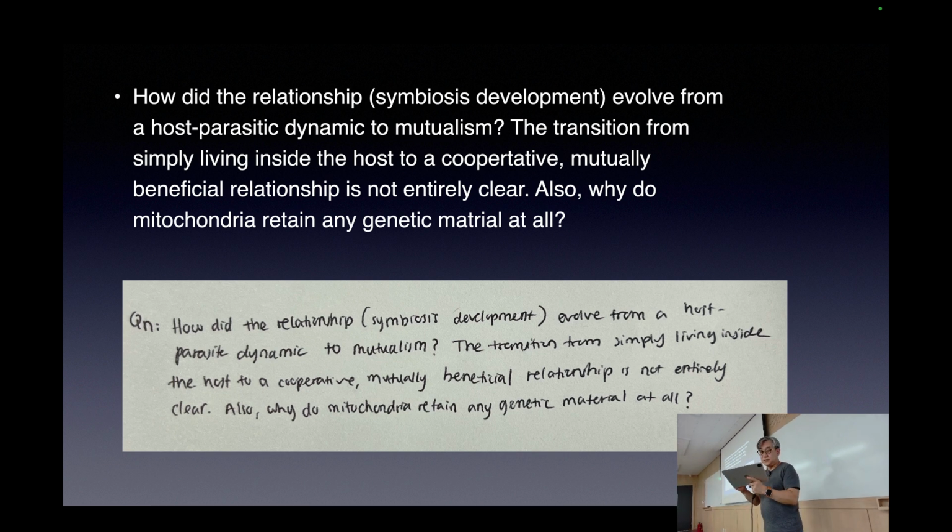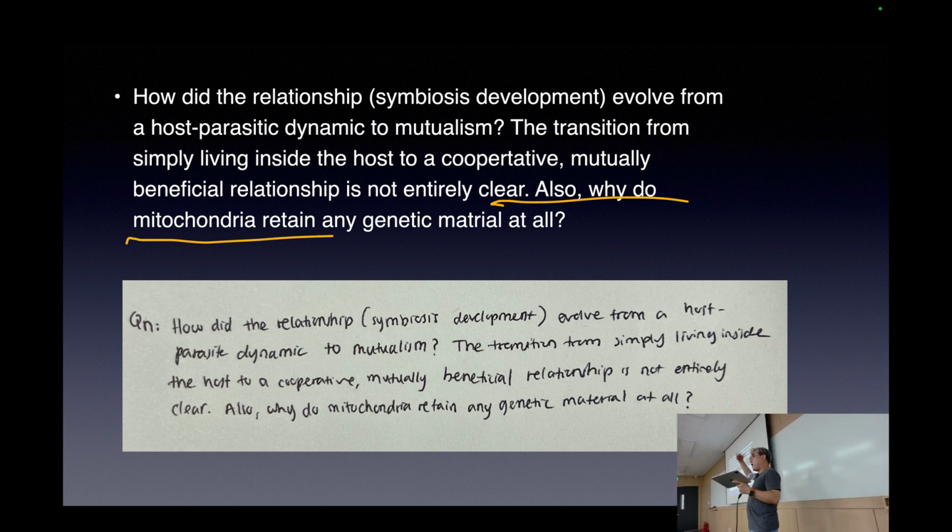The second question is, in the case of mitochondrial symbiosis, why do mitochondria still keep their own genes inside? Why didn't they simply give them all away to the nucleus? For some of the genes, it's much better to keep them inside because of the gene product. If the gene product is really large and you gave this gene to the nucleus, the nucleus would express it and make the final product, which is a protein.